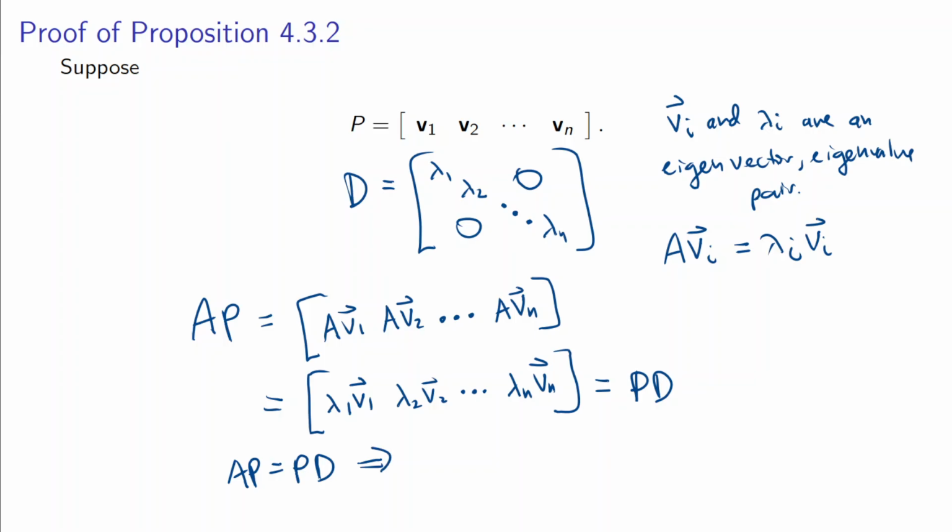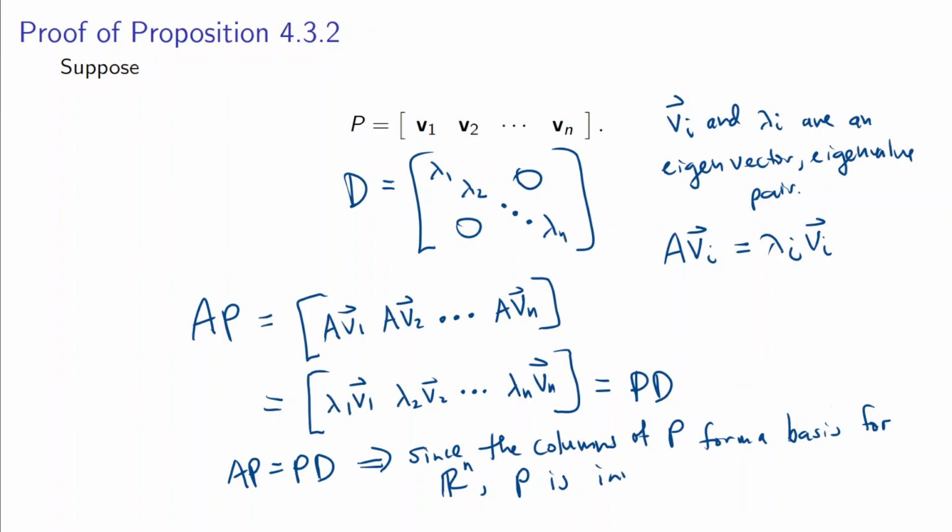But since the columns of P form a basis for Rn, that implies that P is invertible, since those columns would have to be a linearly independent set.